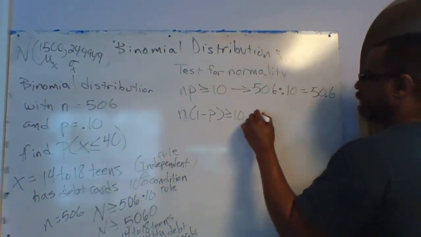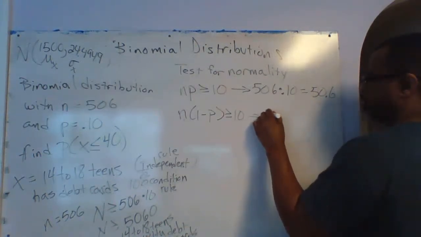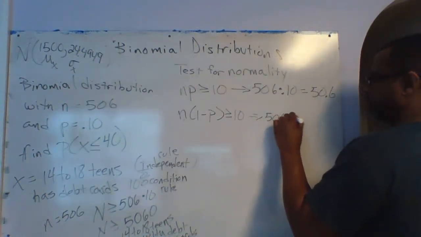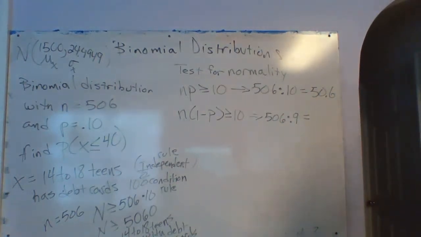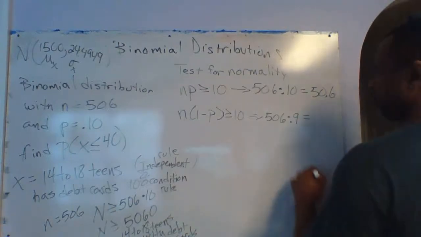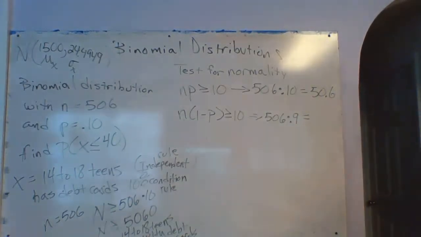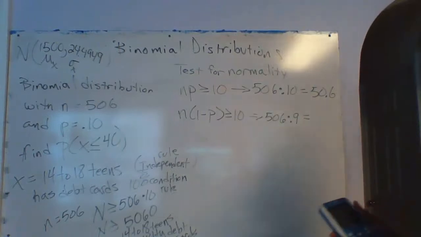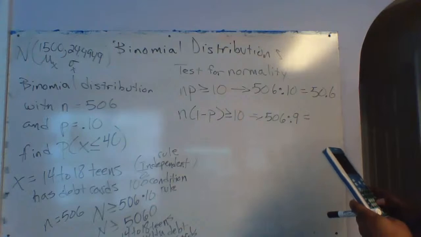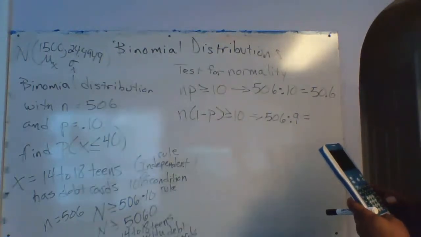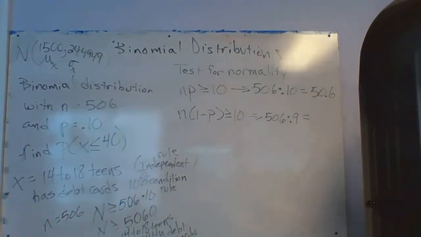And so now we're going to do 506 times 0.9, and then that's going to give us what? Why am I picking up a calculator to do this? I feel ashamed. Okay, so 455.4.